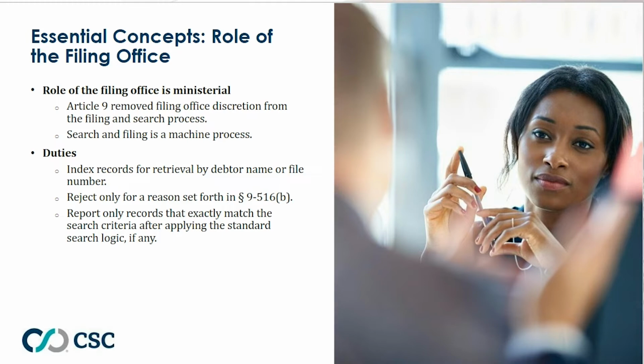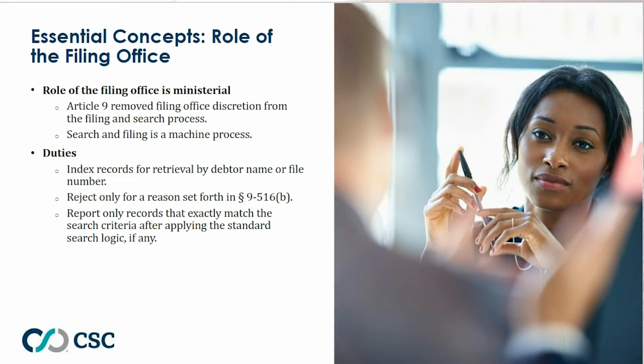In some states, the search logic is exact, including punctuation and spaces. In other states, the search logic is very forgiving. But the key is to understand that search logic when you're doing searches, which is why there's value in employing a service company to do that, because we do that all day, every day, and understand the idiosyncrasies.